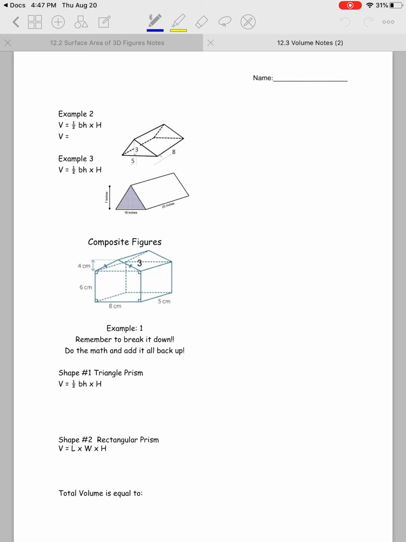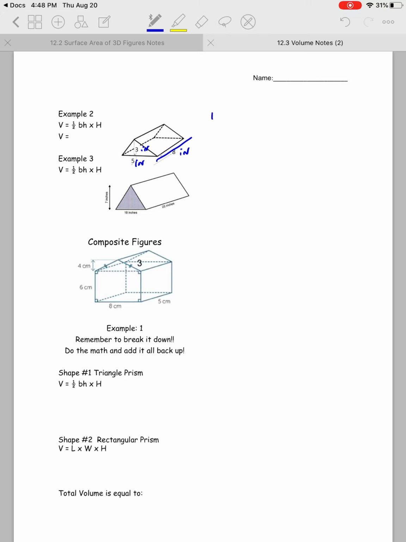Let's try another one. This time, we don't have any units. We'll call them inches. They got erased off. No big deal. Okay, so it's 3 inches tall, 5 inches wide, and then 8 inches long.